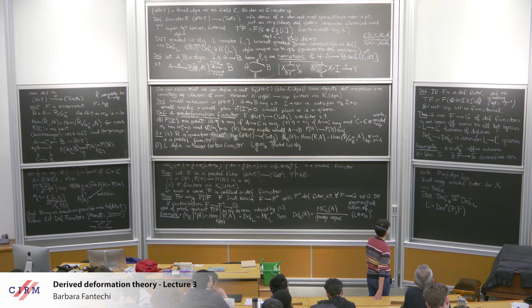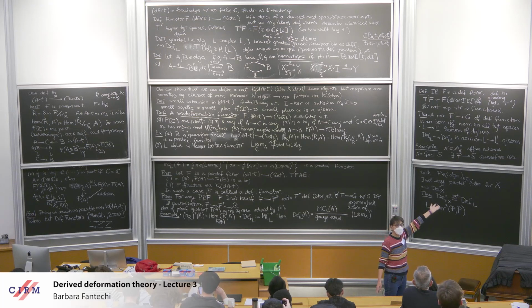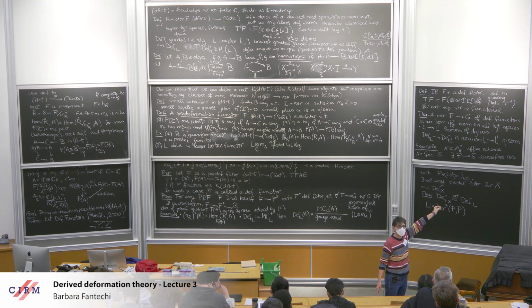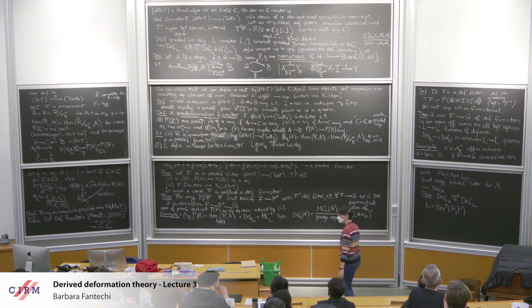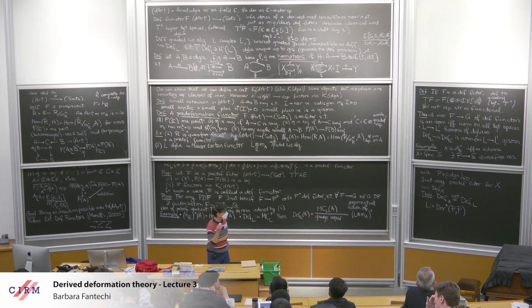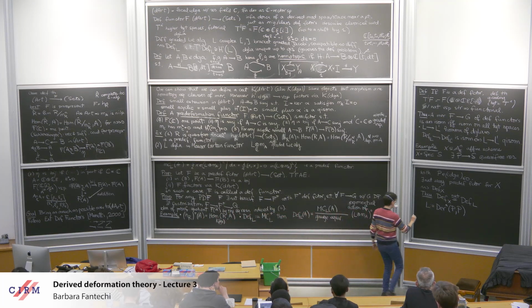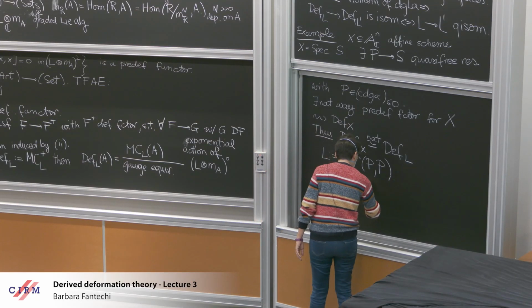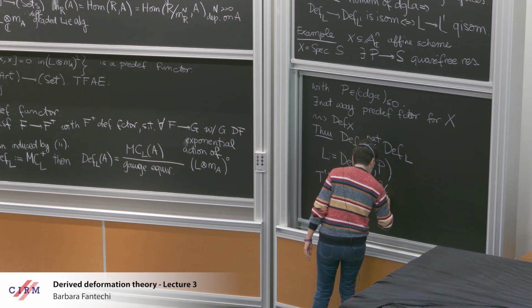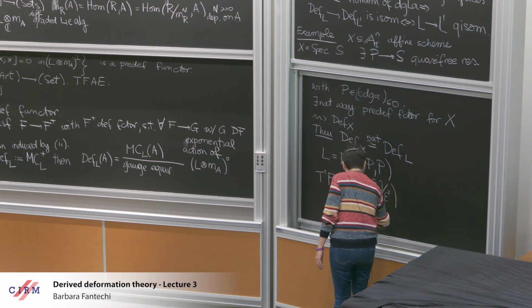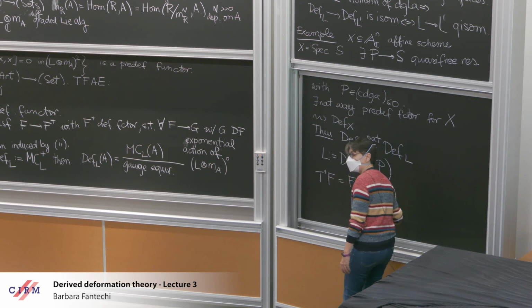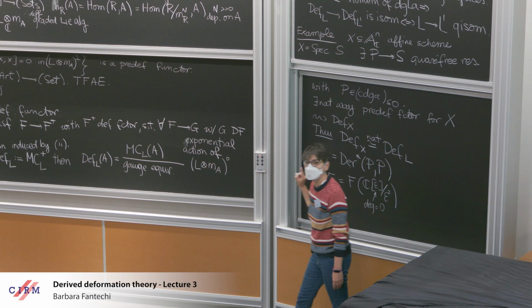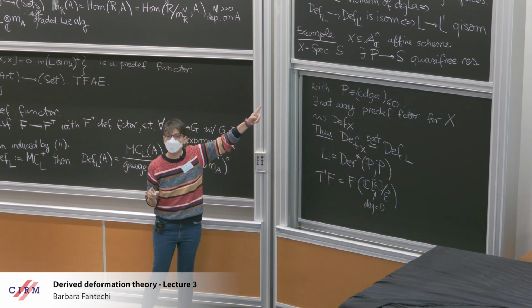If you want that the tangent, you see, T^1 is the usual one, given by F of C[epsilon] mod epsilon squared. So it's a matter of how you number it. What I want is that, as traditional in deformation theory, T^1 F is F of C[epsilon] mod epsilon squared, classical, so this degree is 0. And that's why I want a shift by 1.